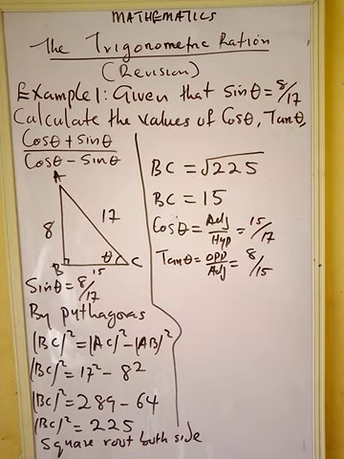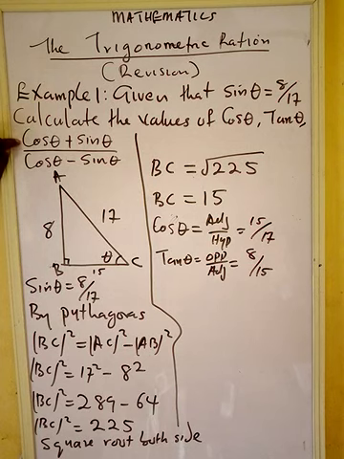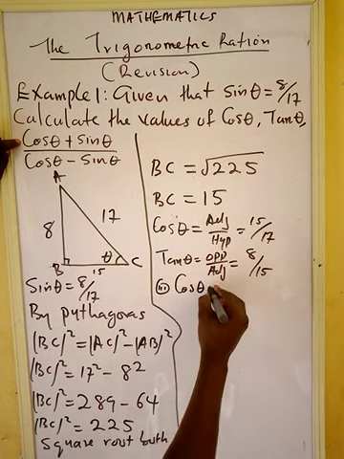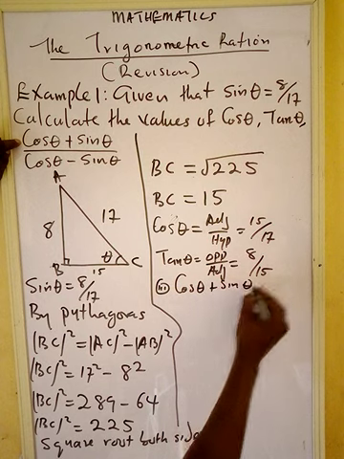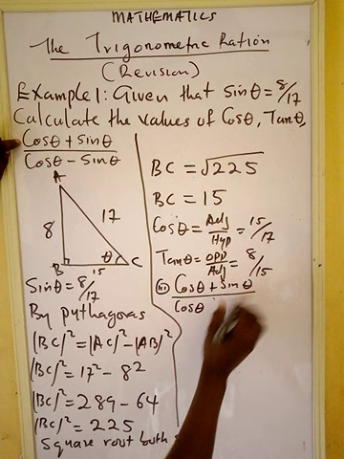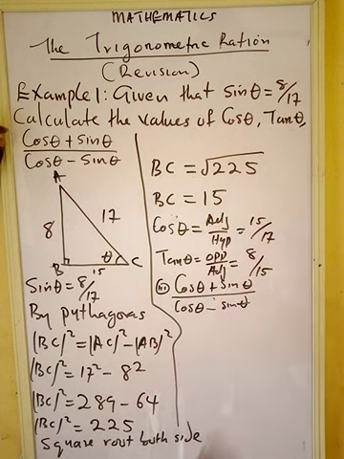The next thing we need to do is solve the third one, cos theta plus sin theta divided by cos theta minus sin theta.